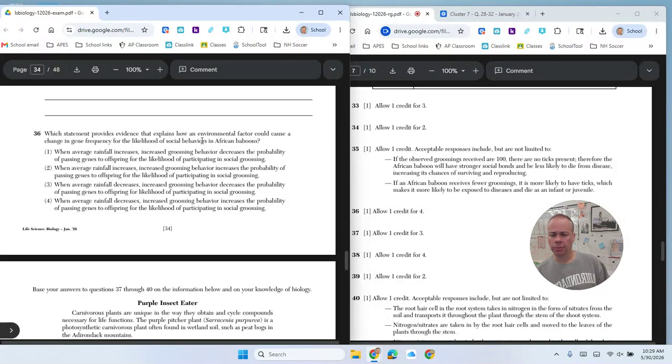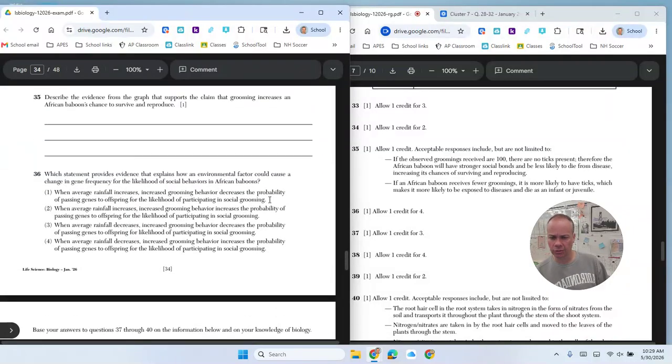So we read all the choices. Choice 1: when average rainfall increases, increased grooming decreases the probability of passing on genes. That's incorrect. It's the opposite, right? Increased grooming would increase the chances of passing on genes. So number 1 is incorrect.